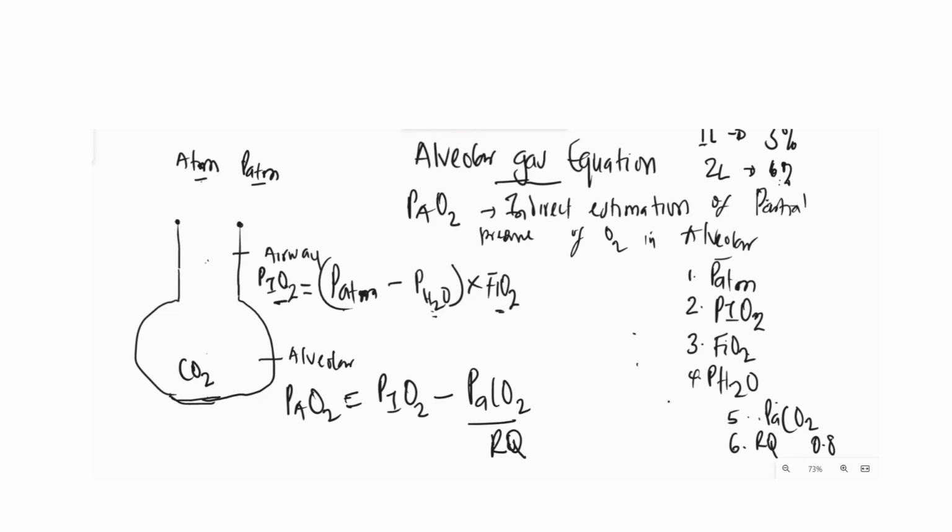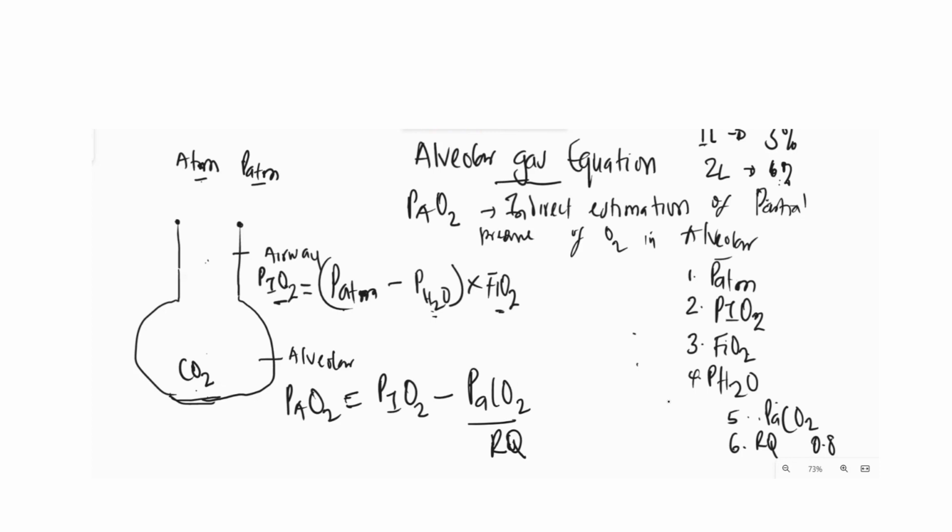And then from there, it goes into the alveolar. Remembering that the last gas in the alveolar is carbon dioxide, we need to subtract the partial pressure of carbon dioxide from the inspired gas, to get the true oxygen in the alveolar.